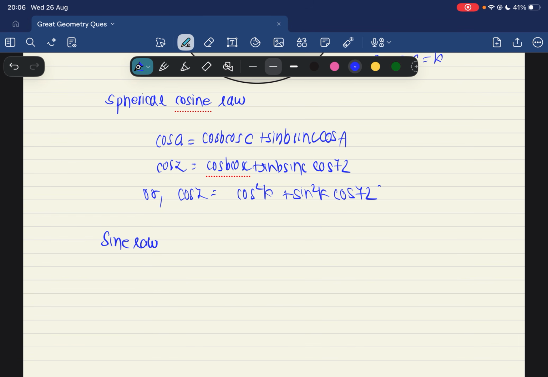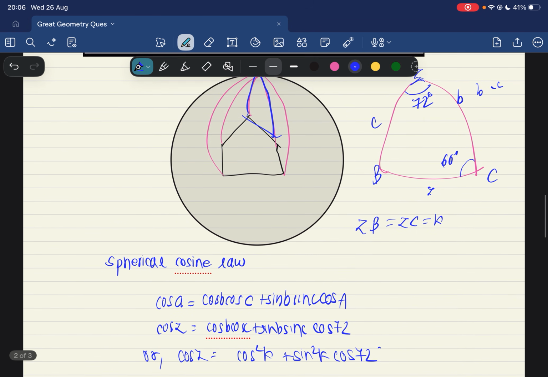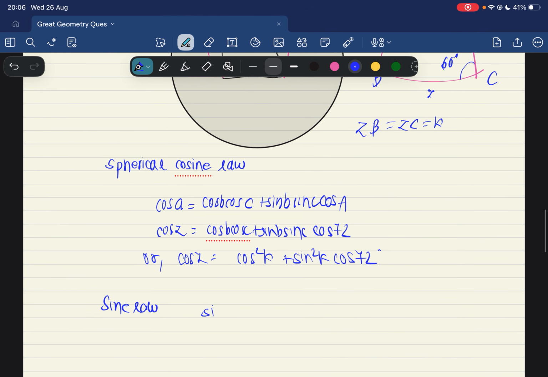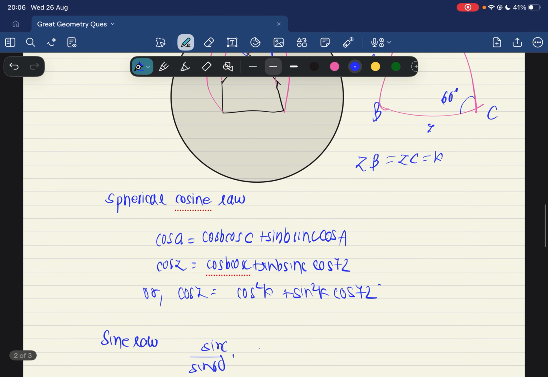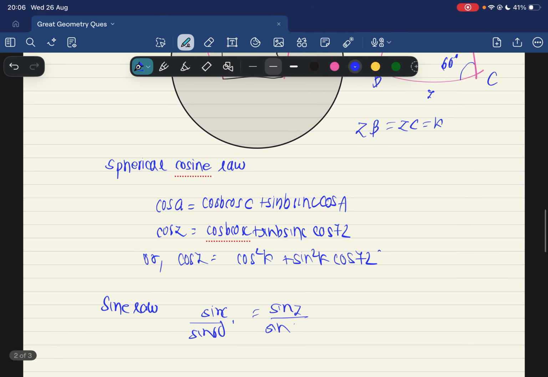Now also use the spherical sine law, and from the sine law we will get that sine c by sine 60 is going to be sine z by sine 72. So we have sine z, right?